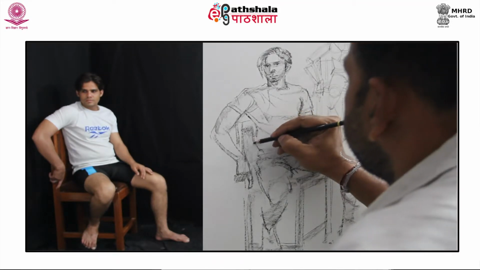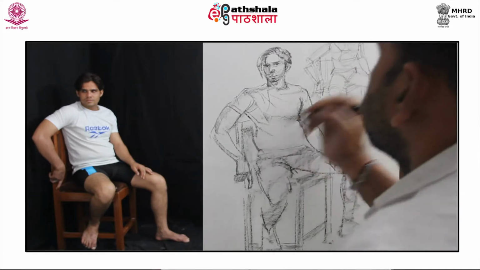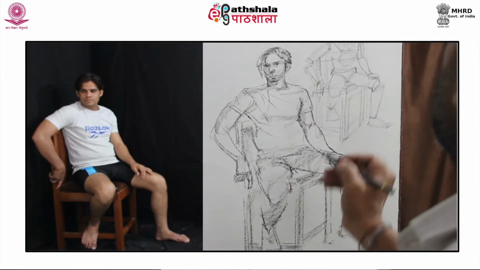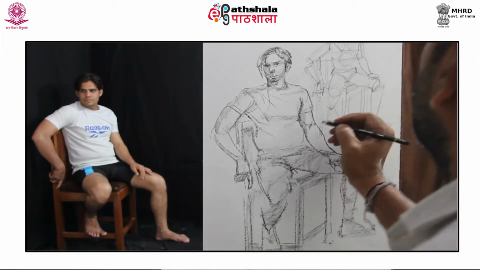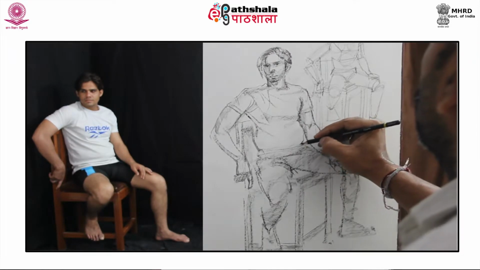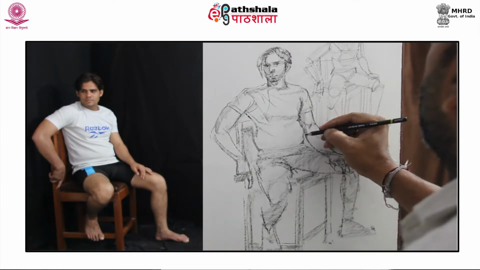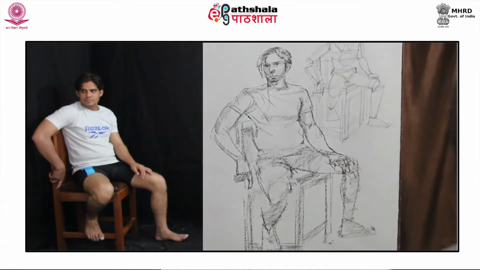To capture the likeness, concentrate on the main folds on the t-shirt near the belly area and darken the inside area of the right thigh in an effort to capture the visible muscles.